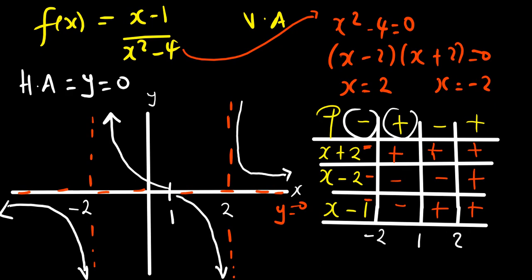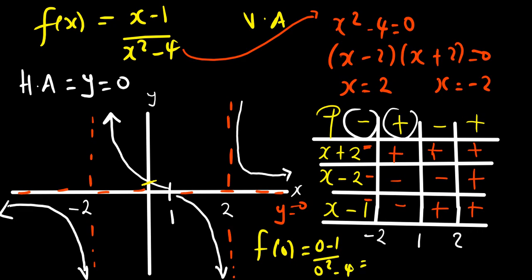Okay, so this is our diagram, but now we've noticed that the graph cuts the y-axis here, so we also have to find that point. We have to find the y-intercept. On the y-intercept, x equals 0. So f of 0 is, wherever there is x, you place 0, so it will be 0 minus 1 over 0 squared minus 4.